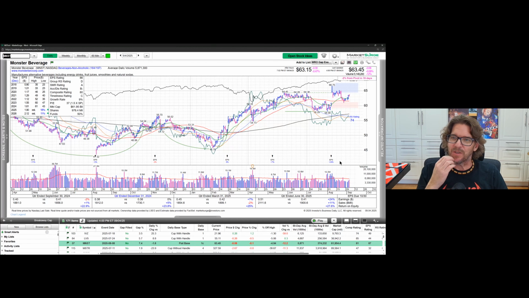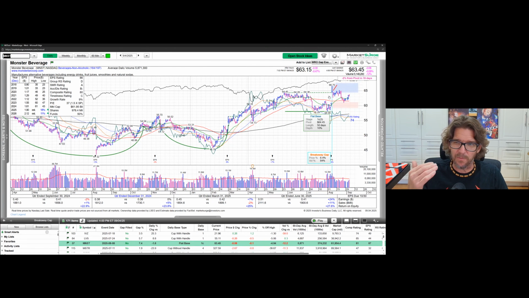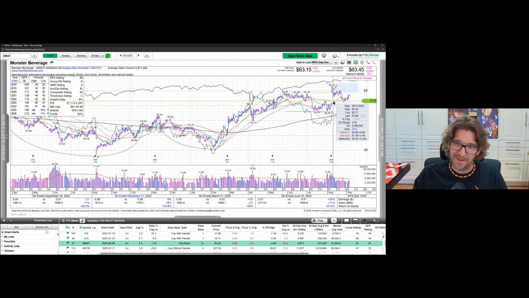Here's a gap that just faded completely. Monster Beverage. So it gaps up, and your first sign that all is not good is this closing near the lows of the day, but not enough to really know that it's broken. And then this next day here, it's not really doing anything wrong at that point, because lots of times they'll just come out of there.